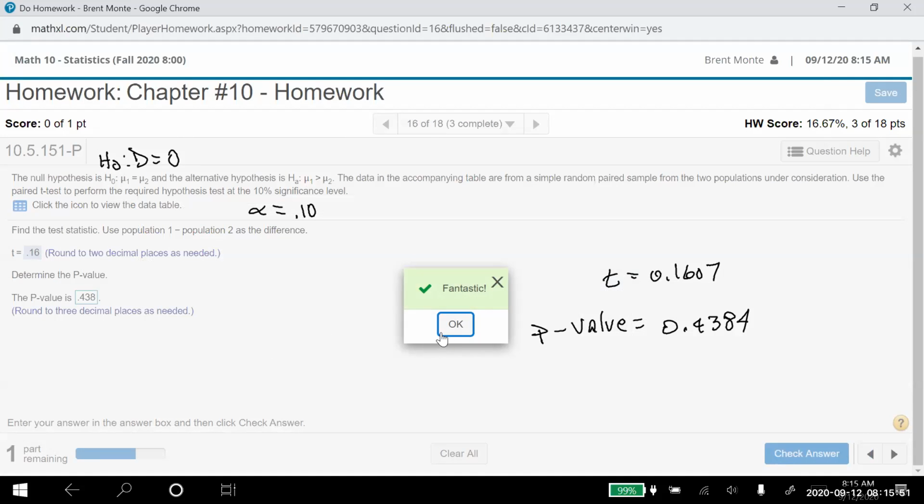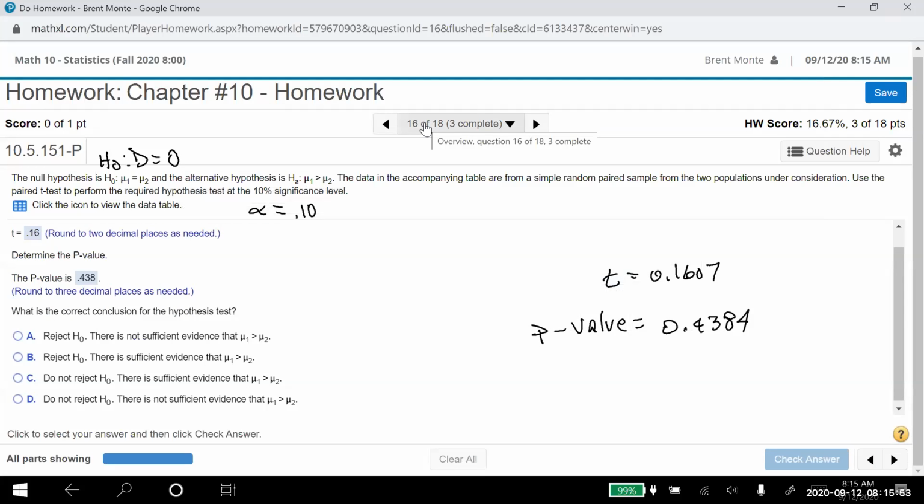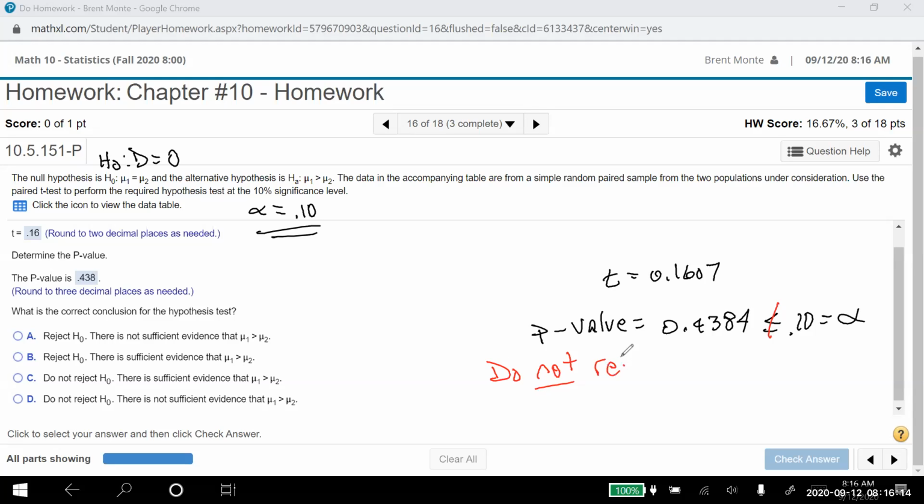Now, let's talk about how we interpret this. Remember, we look to see if this is less than or equal to 0.10, which is our alpha. We see that clearly that's not less than or equal. So what we say is do not reject the null hypothesis.